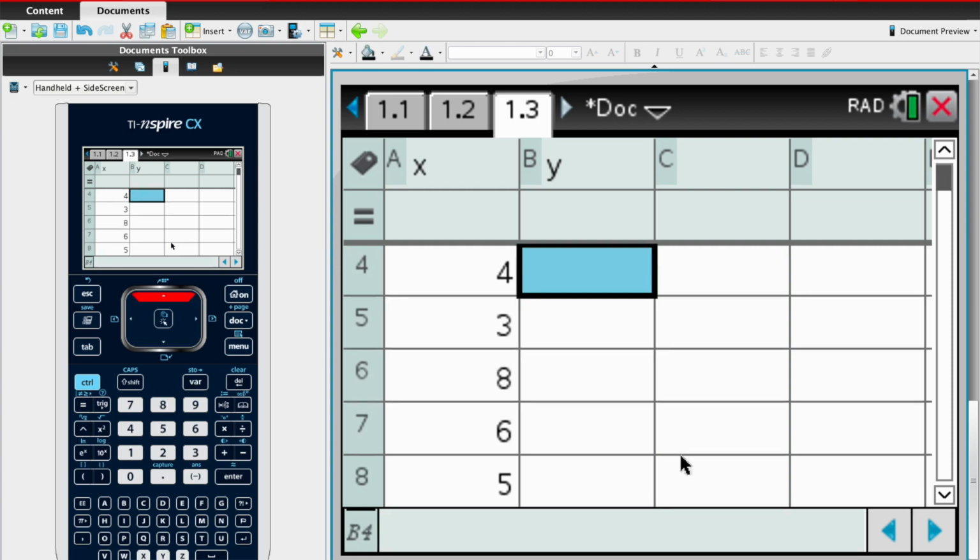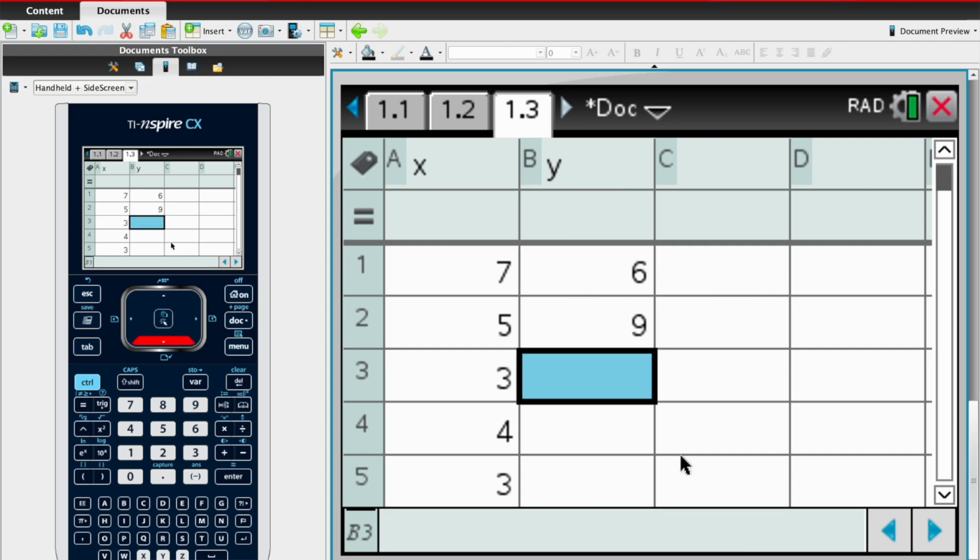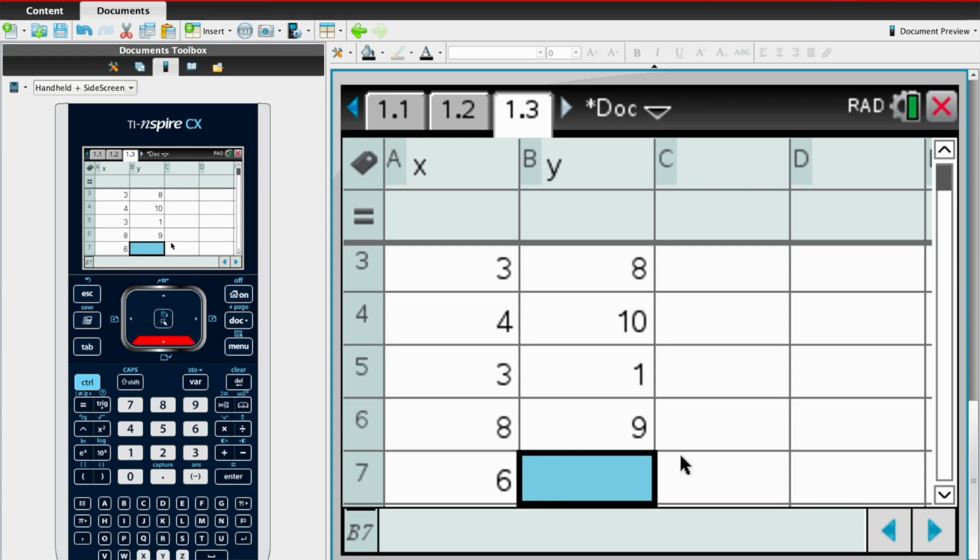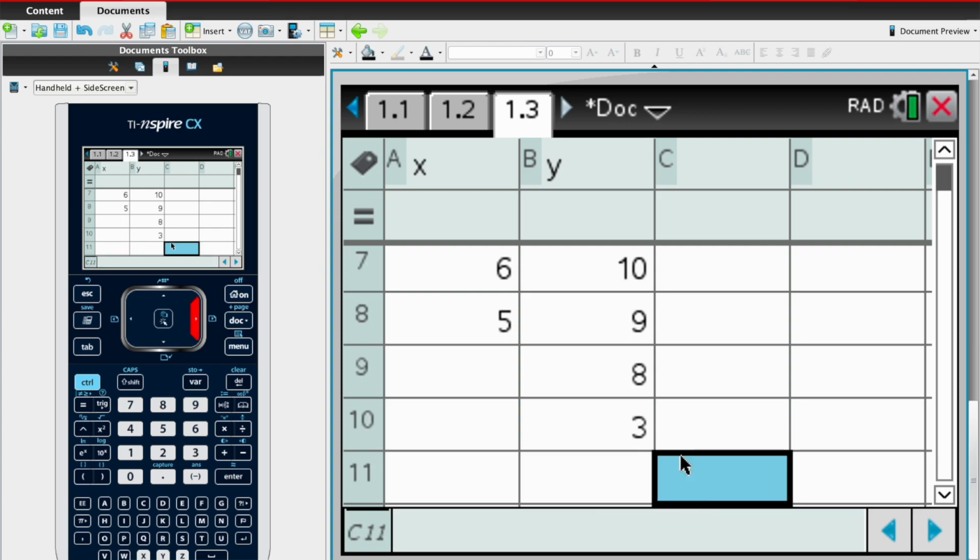All right. And here we have 6, 9, 8, 10, 1, 9, 10, 9, 8, 3. So it doesn't matter that there's 2 more values here.